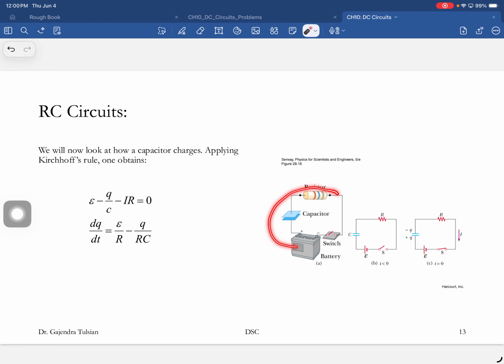So here's a circuit. You learned this in physics 1. You will have a system and you want to study the system. What is the best thing to do?